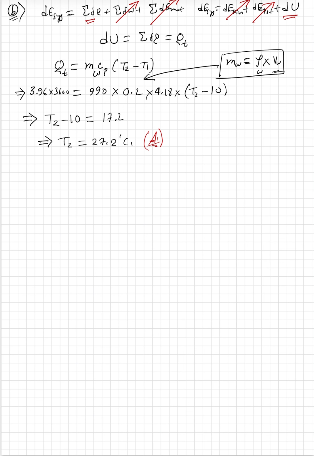Okay, so here if you calculate the mass of the water, it would be 990 cross 0.2, which is 198, and it is the total mass. And now we have to take half of the mass, so the mass of the hot water in the upper half will be 198 upon 2, and that will be 99 kg.